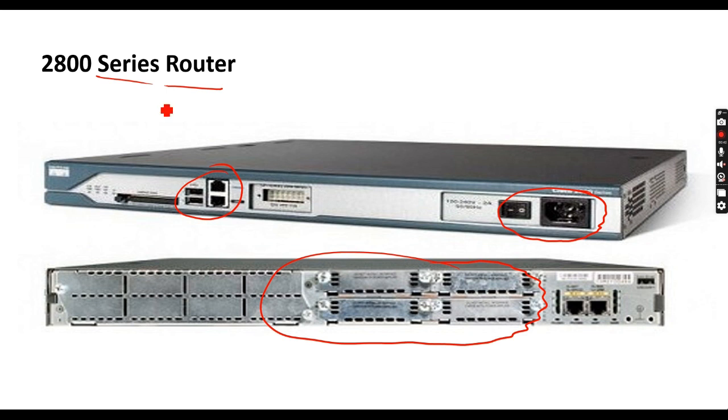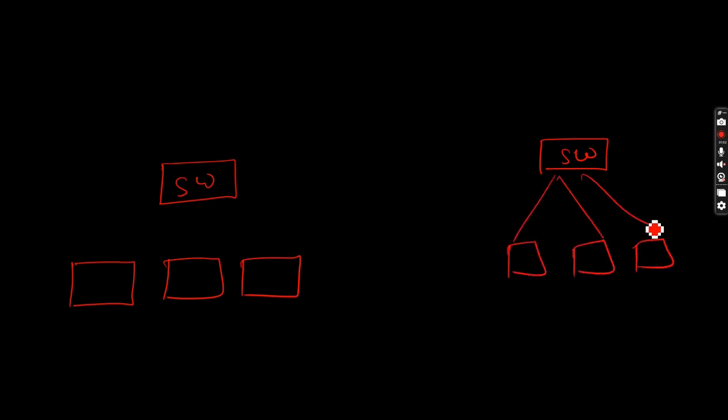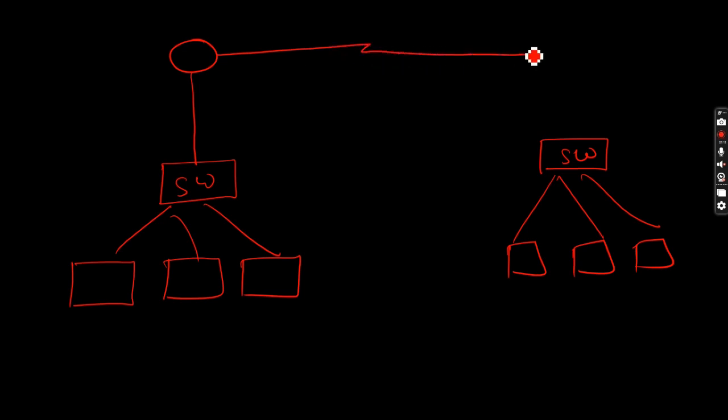So let's take one scenario to understand this quite better. Let's say that we have a number of devices connected to a particular switch, another switch here, and a number of devices here again connecting like this. Now we have a router connecting to this, and this router is getting connected to another router.